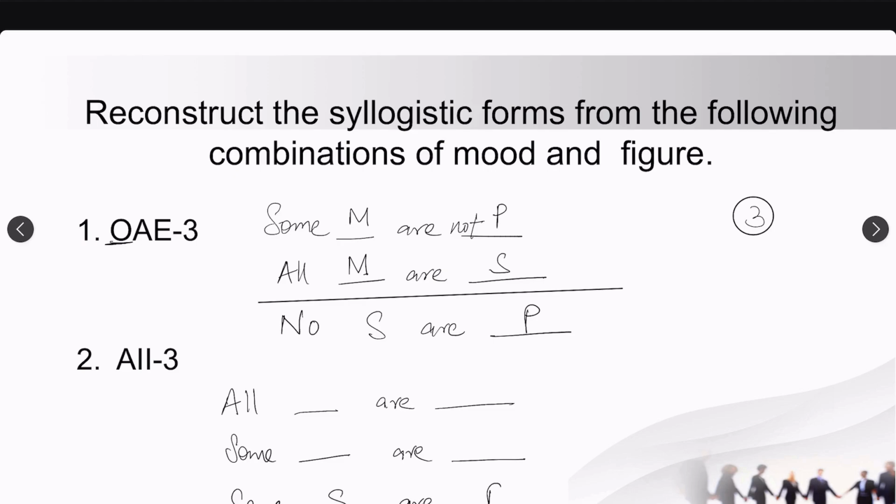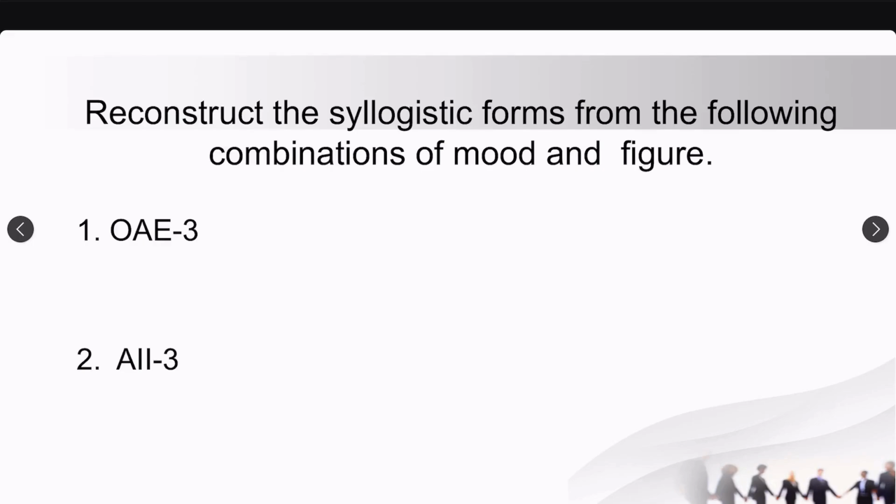So here S and P will come because this is your conclusion, and then now again we have to check the position of the middle term. So the middle term in the third figure, if you see, this is first figure, second figure, and then third figure. Sorry, in the third it comes here.